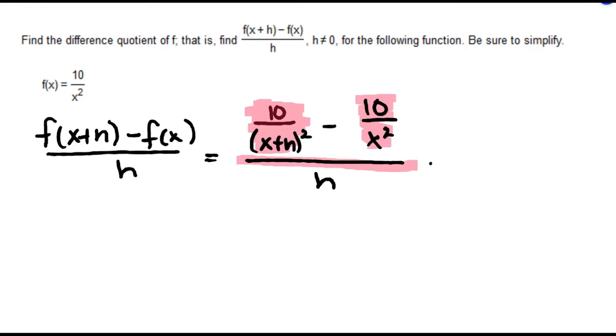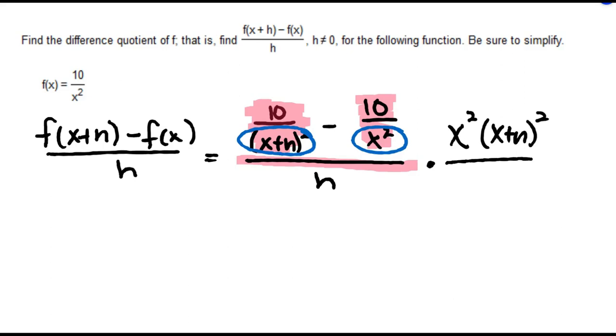To do that, I will multiply by a fraction, and that fraction is going to be created by using the common denominator between these smaller fractions. So I'm going to multiply the numerator by x squared times x plus h squared, and the same thing gets multiplied by the denominator so that I can keep this expression balanced.